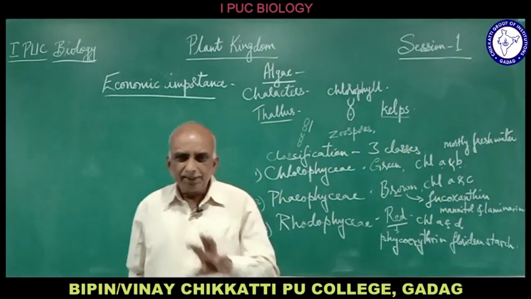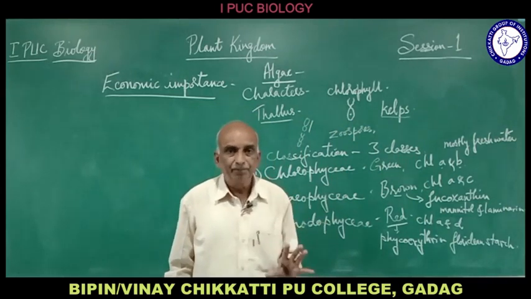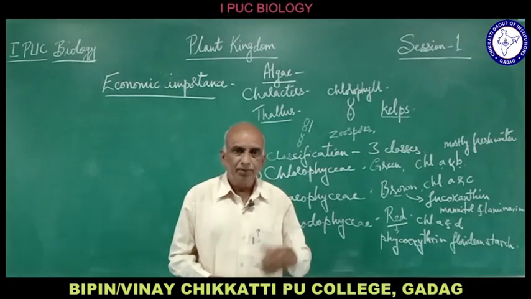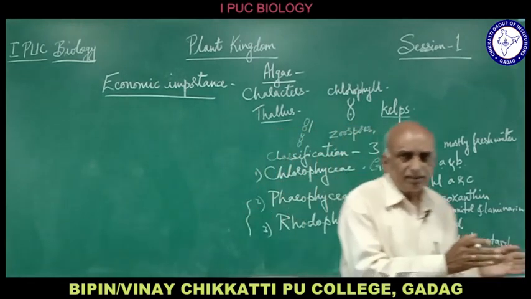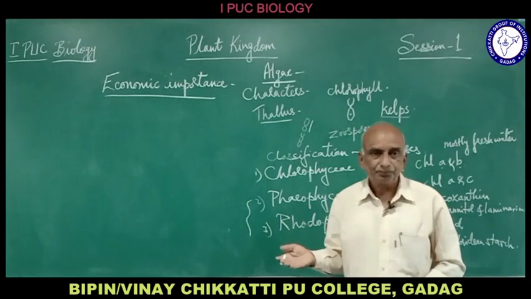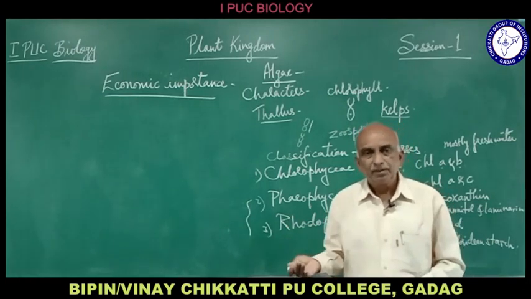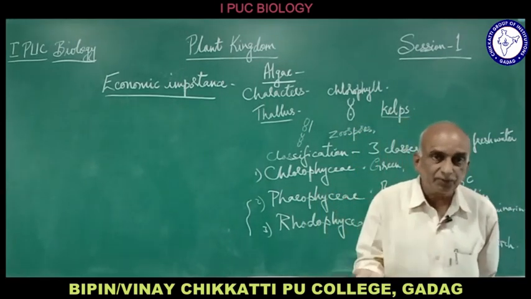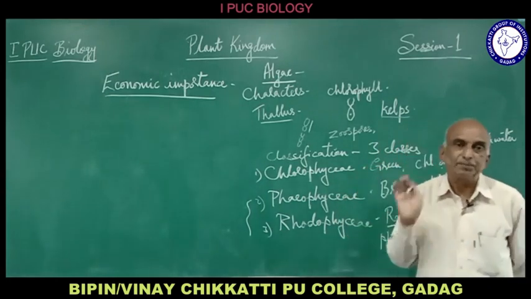Suppose, assume, but practically it is impossible, in the whole world, if you remove all the algae out of the earth, whether it is green algae, red algae or brown algae, you remove all the algae which is existing in water, from the habitat, then the presence of oxygen will be reduced to 50%.